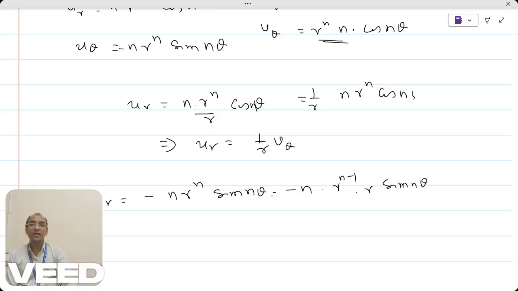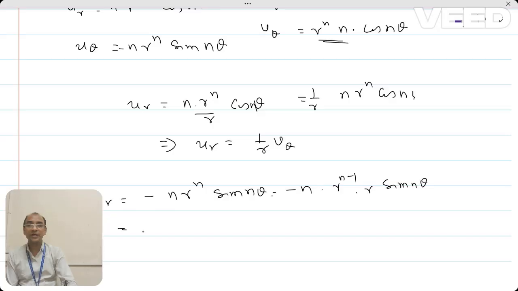Taking r to the other side, this gives minus 1 by r u theta, which will be nothing but n r to the power n minus 1 sin n theta.